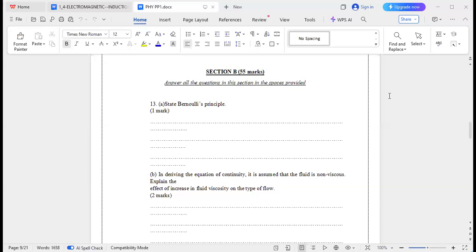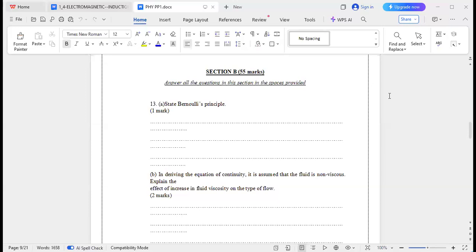That is Bernoulli's equation. But the principle is what I've said here. What we have said in KLB is written as Bernoulli's effect, but it is the principle. So when you are asked to state it, say the way I've given it here.